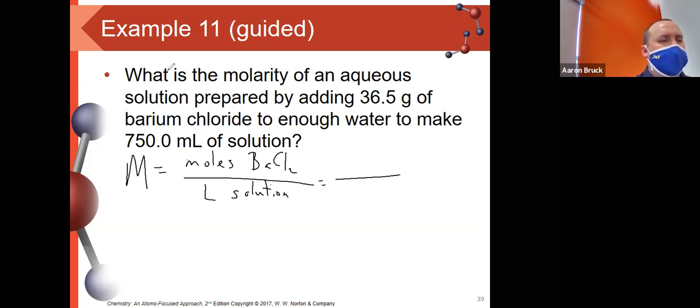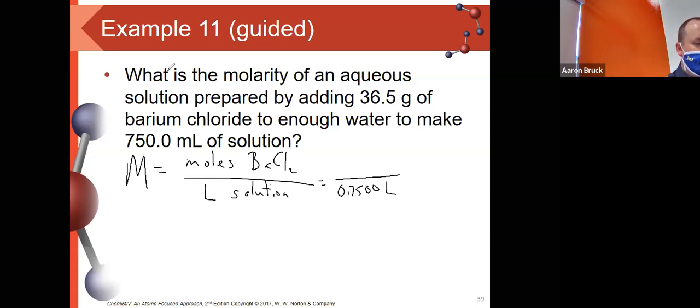Now, we're already told the volume of the solution is 750 milliliters, which would be 0.7500 liters of solution. We just need to figure out how many moles of barium chloride there are in that 36.5 grams.